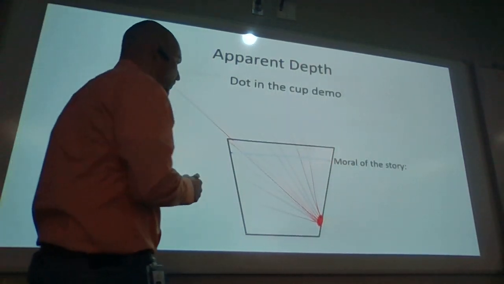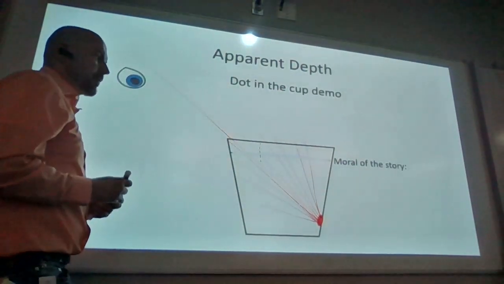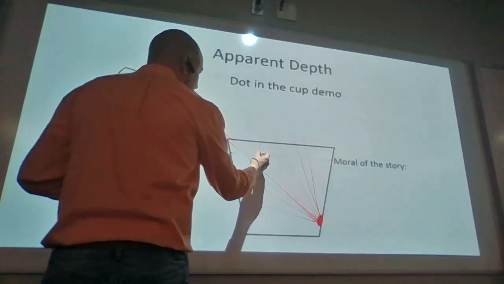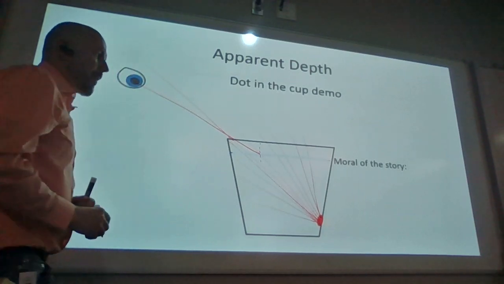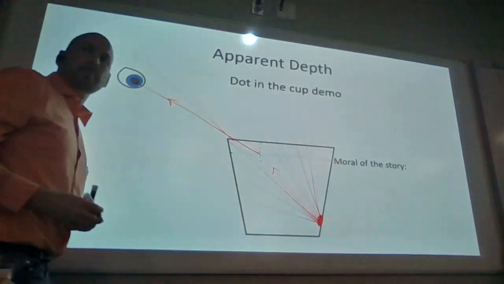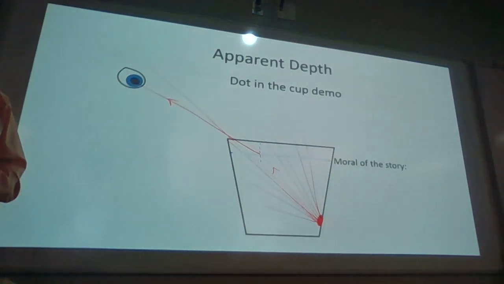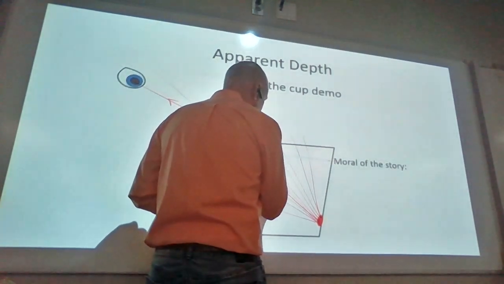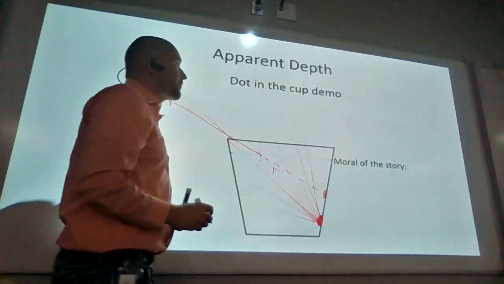So here's the normal line. It bends away from the normal line into your eye. And you do see the dot. And you think you see the dot right here.